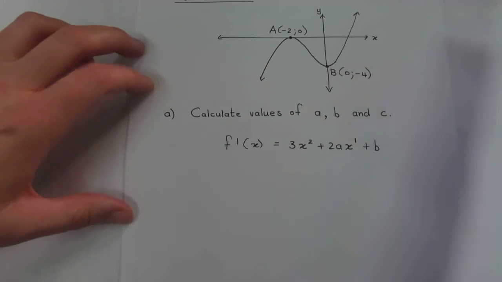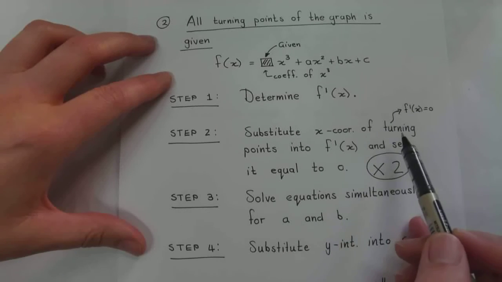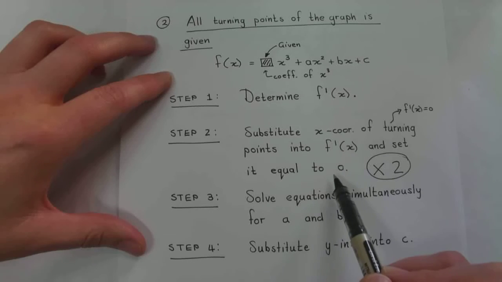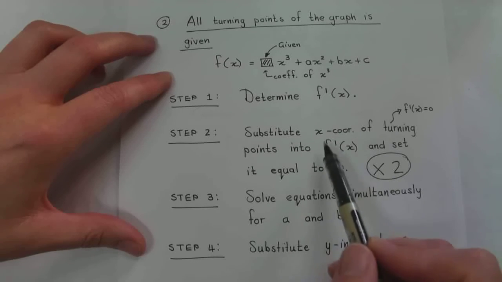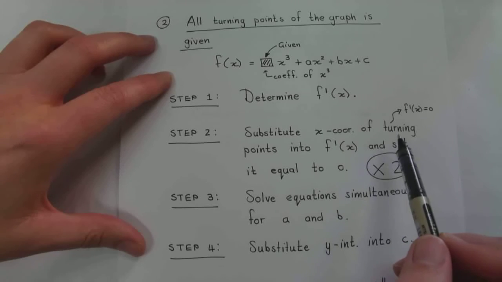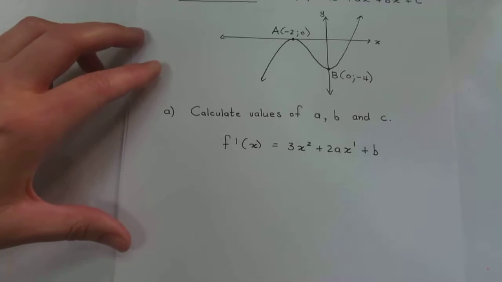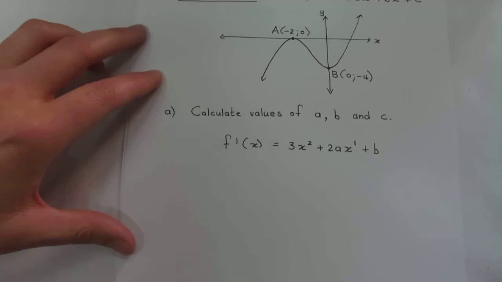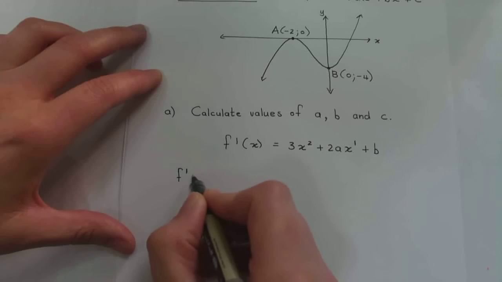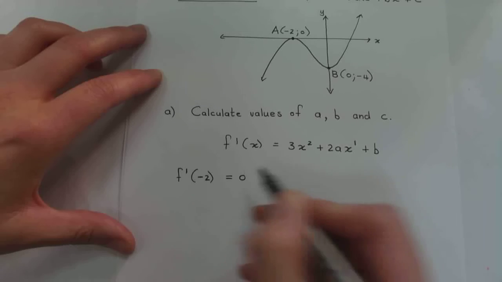That was step 1. And now, very important, substitute the x coordinates of the two turning points into the derivative and set it equal to 0. Because again, like I said, the derivative gives you the gradient, and the gradient at the turning points is equal to 0. So I'm going to do that twice because I've got 2 turning points that have been given. So the first one I'm going to do is I'm going to say the first derivative of negative 2 is equal to 0.